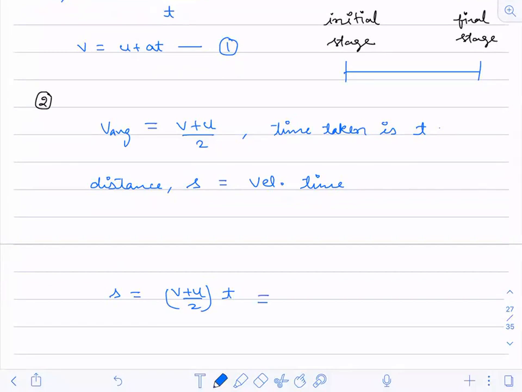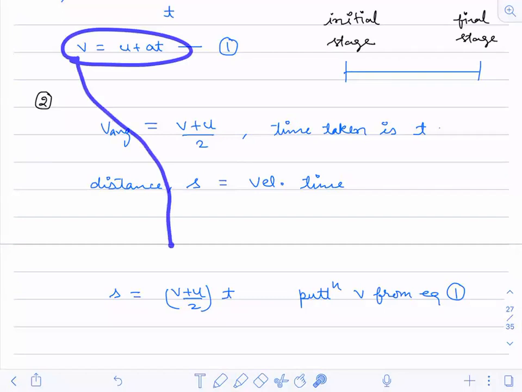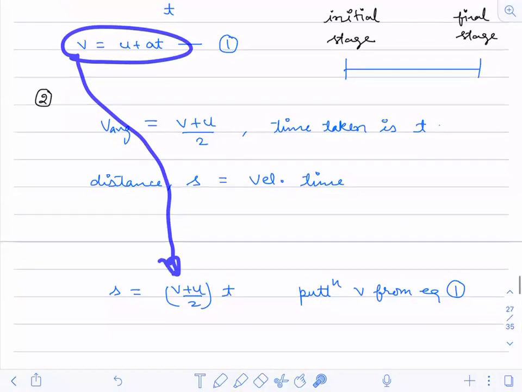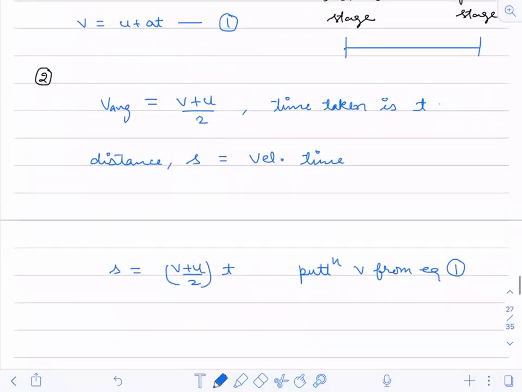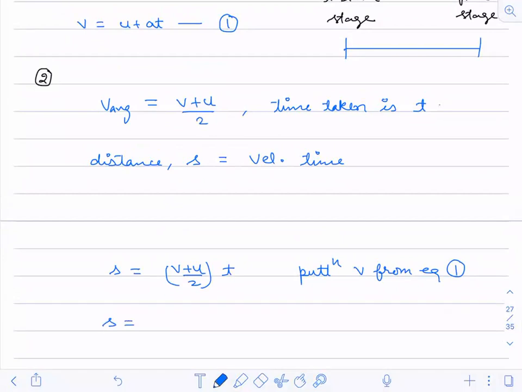Substituting v from equation 1, I put this value of v here. So s equals (u plus at plus u) divided by 2, into t.